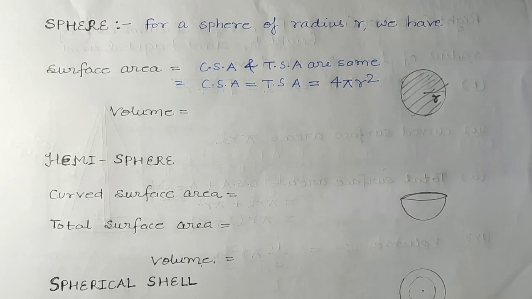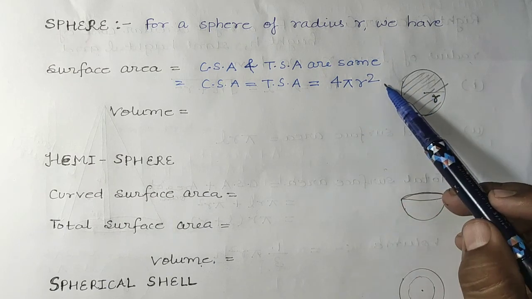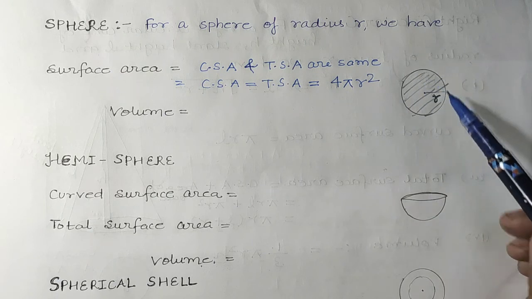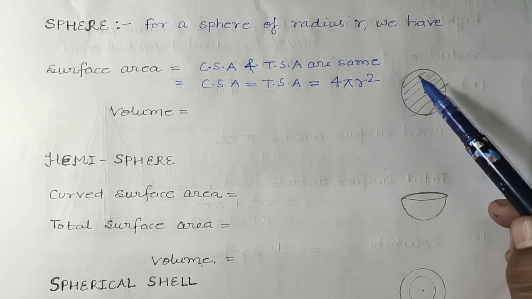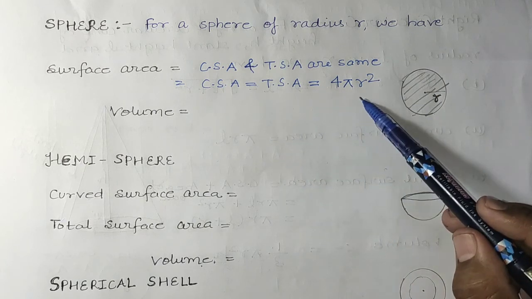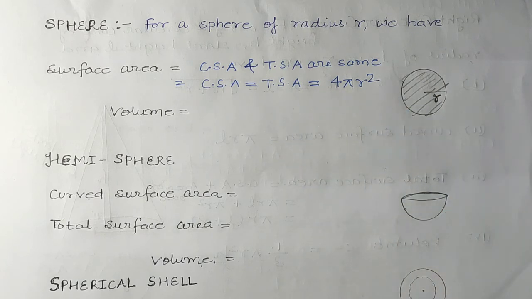Okay, so this is the formula of the surface area of a sphere. For both, it is 4 pi r square, because there is no top and no bottom in the whole circular shape. So both are the same, and that is equal to 4 pi r square.